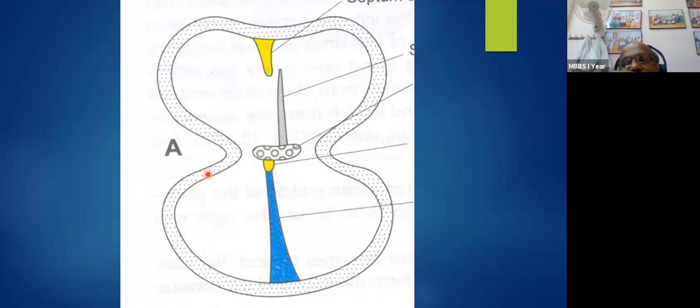Simply I am telling where we have aorta, where we have right atrium. Just imagine. You know the location of right atrium.